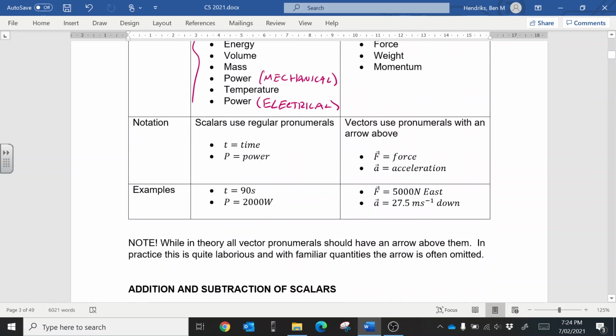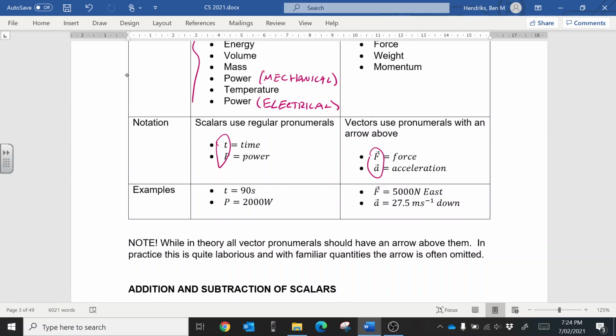Further, some of the notation: particularly in textbooks, they might have this kind of notation. Scalars just use normal letters, normal pronumerals, whereas vectors have these little arrows above their head. Just like before, these are some scalars here.